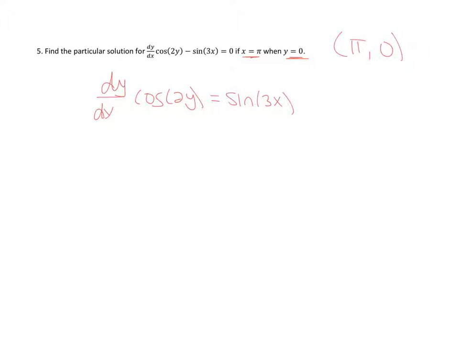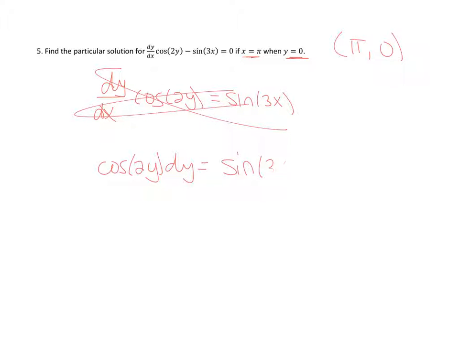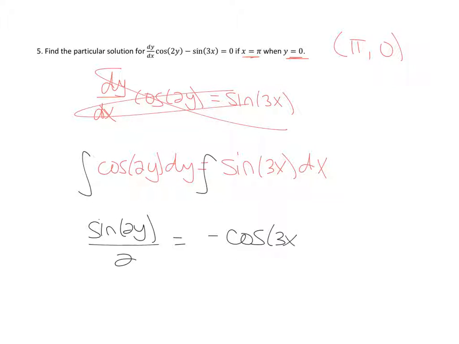Then I'm going to cross multiply, so I get cos 2y dy and sine of 3x dx. I'm going to integrate. So the integral of cosine is sine 2y divided by 2, and the integral of sine is negative cos of 3x divided by 3. And remember, the plus c goes with the x.